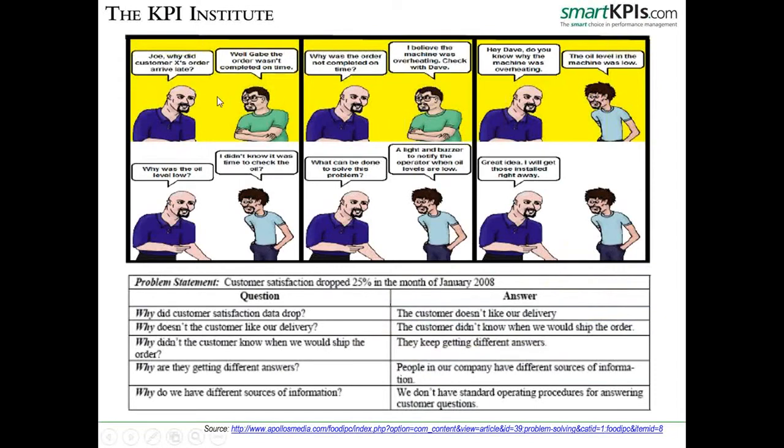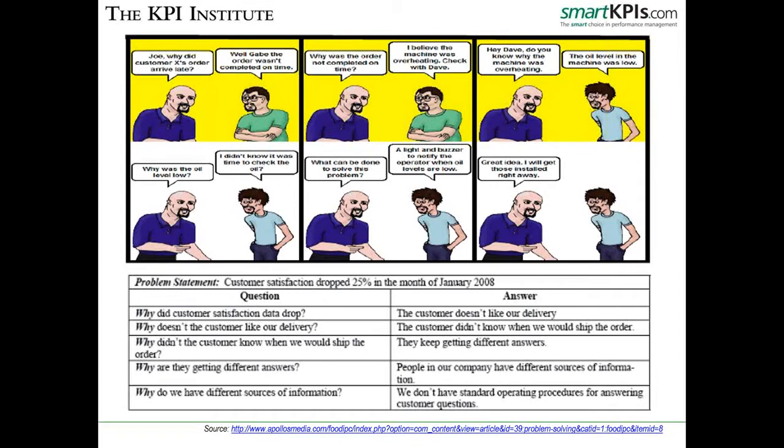And we have a dialogue between two colleagues. Joe, why did customer X orders arrive late? Well, Gabe, the order wasn't completed on time. Why was the order not completed on time? I believe the machine was overheated. Check with Dave. And then we switched to the other colleague.